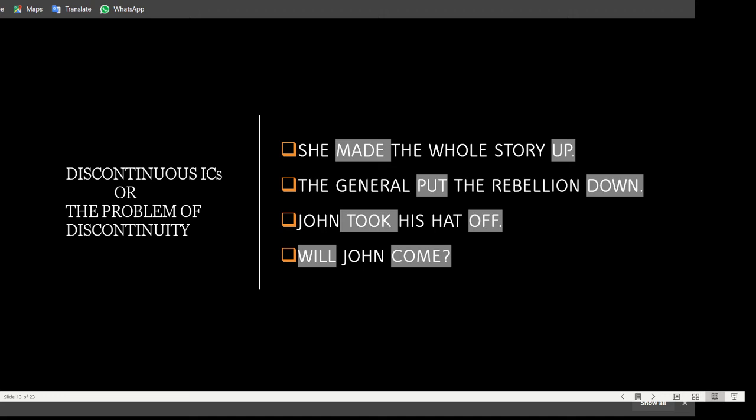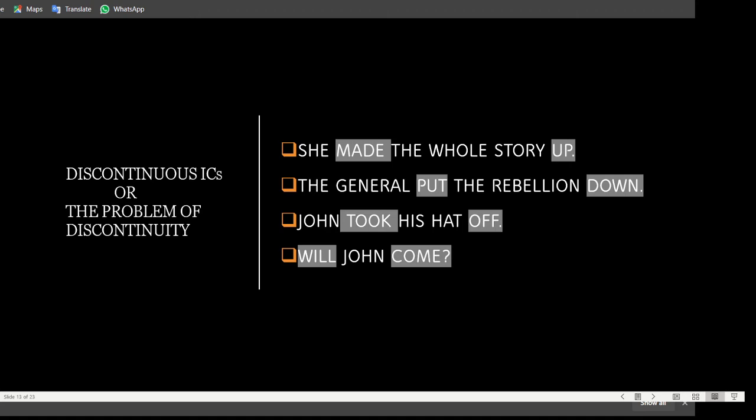In the second, it is put down. In the third, it is took off. In the last one, which is a question, it is will come. That is not actually a phrasal verb, but a question, will John come? So look at this: the verb is split and the subject is placed in between in all these sentences.